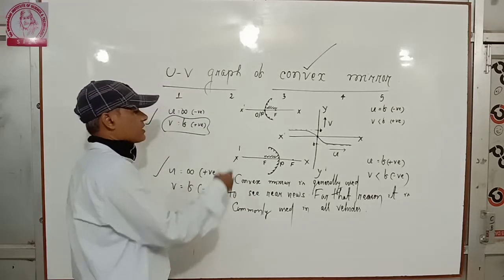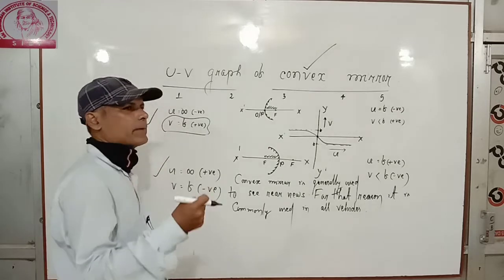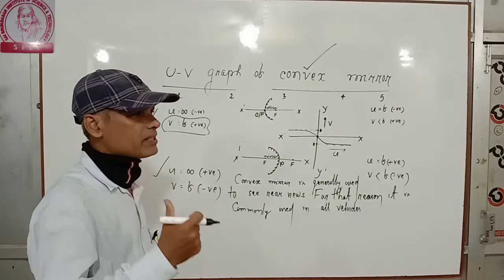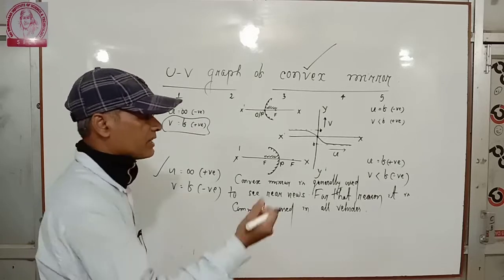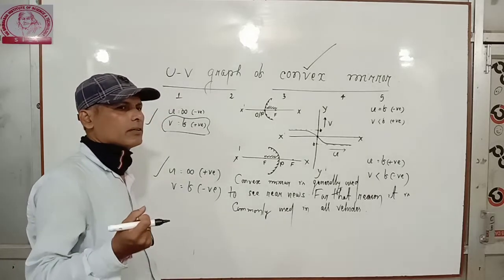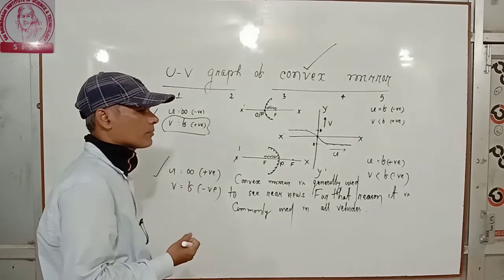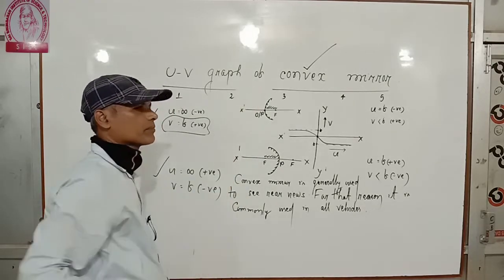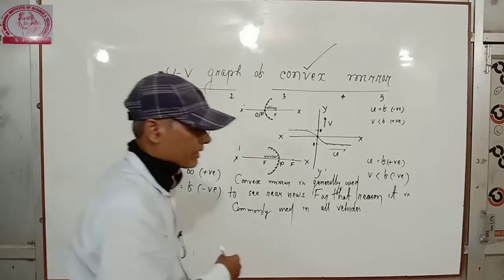Okay, so it is commonly used in all vehicles because rear views means behind views, means behind scenes and sceneries, whatever else is behind, we can easily see using convex mirror. Okay, let's move to the plane mirror.